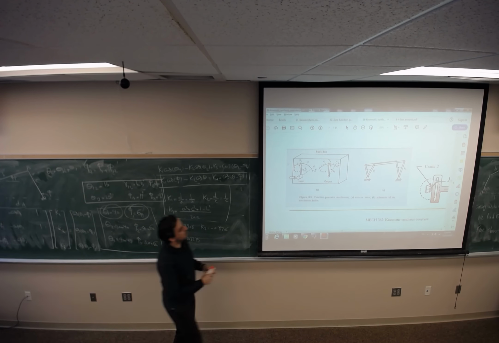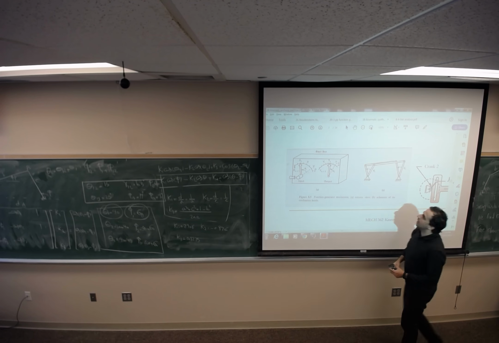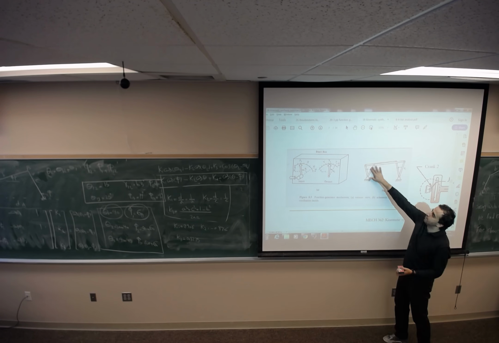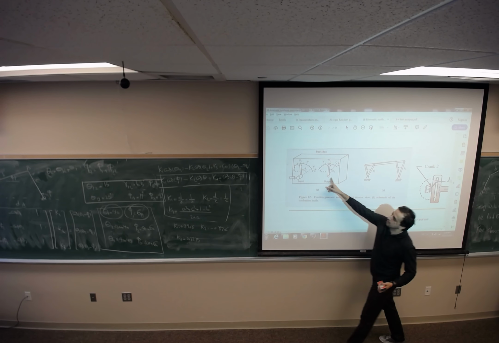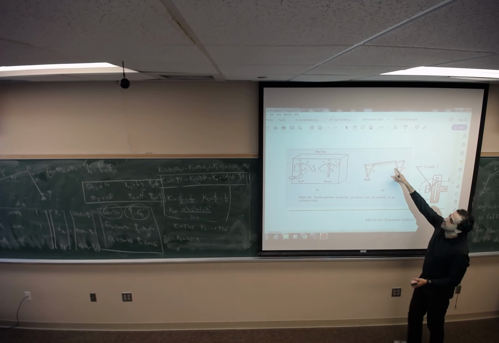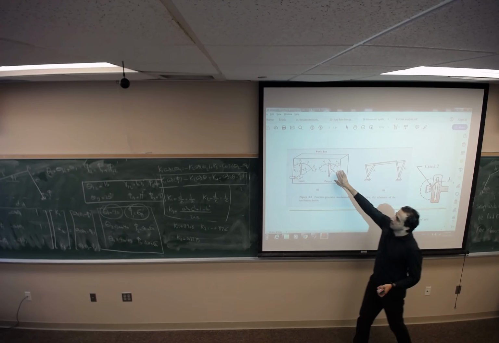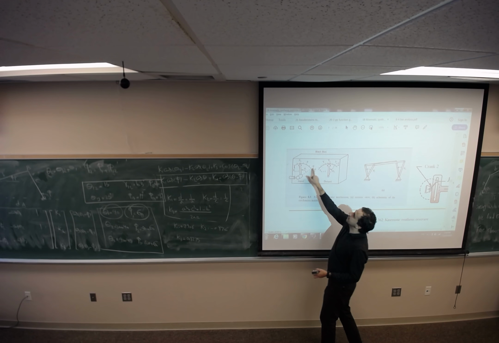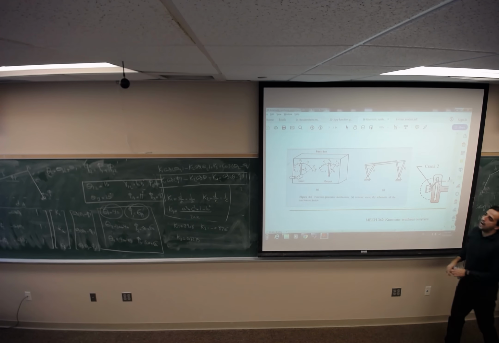So inside this black box, we are going to have a 4-bar mechanism. One is ground, 2, 3 that we don't see inside, and link number 4. And here we have X, and right here we have Y.